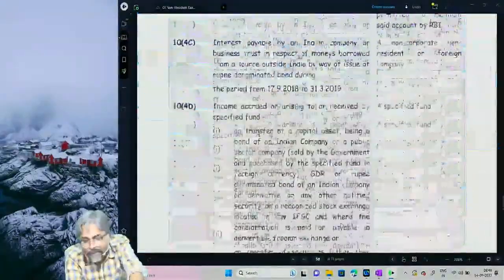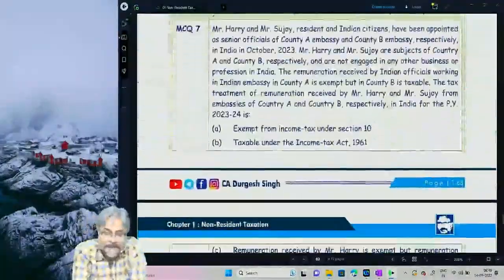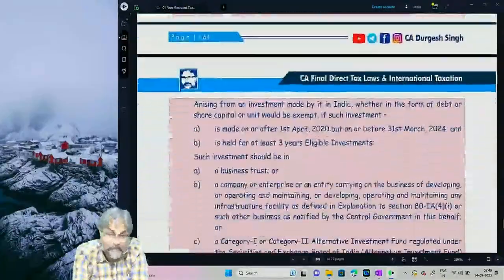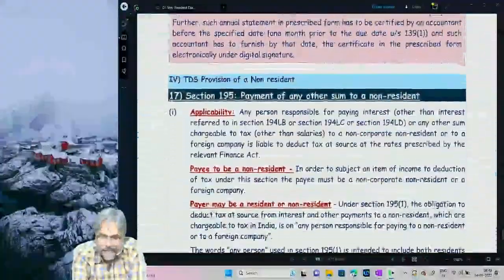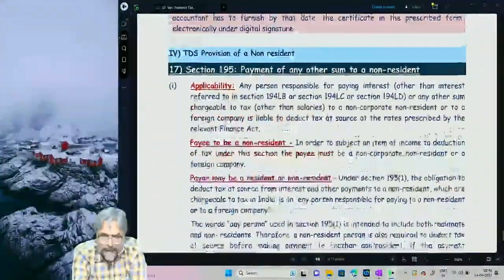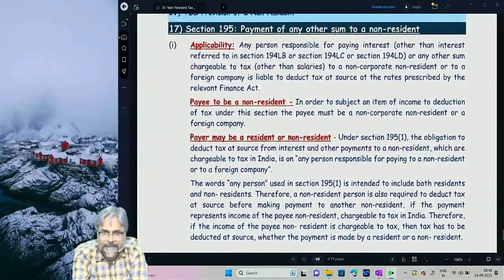And therefore, the page number for section 195 for all of you is 1.68, students. Page number 1.68.